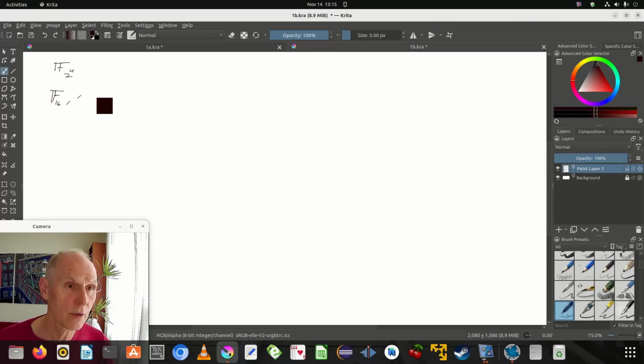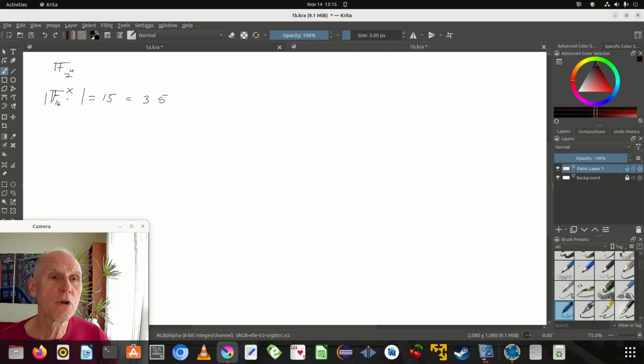It's the multiplicative group. It has 15 elements. And that's 3 times 5. I chose this one because it has nice prime factorization.